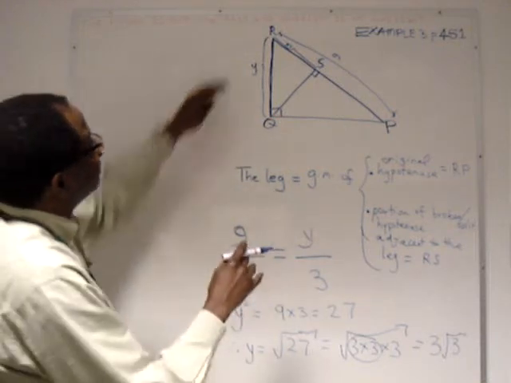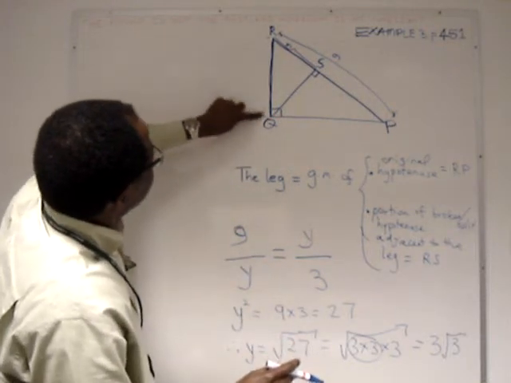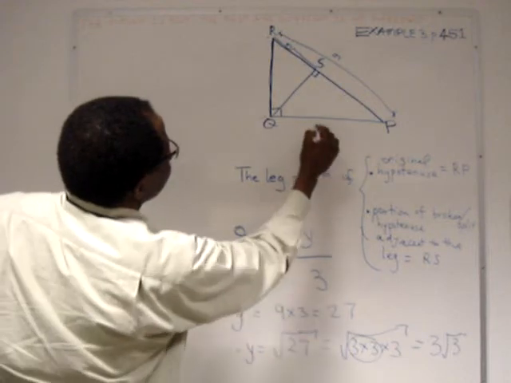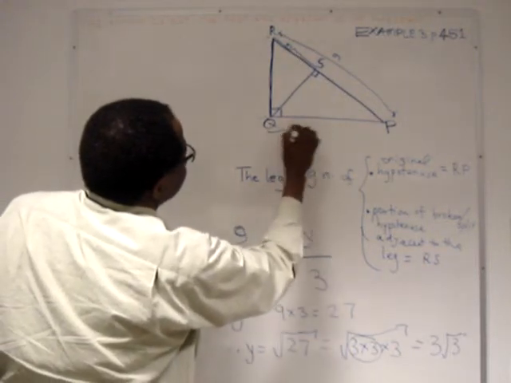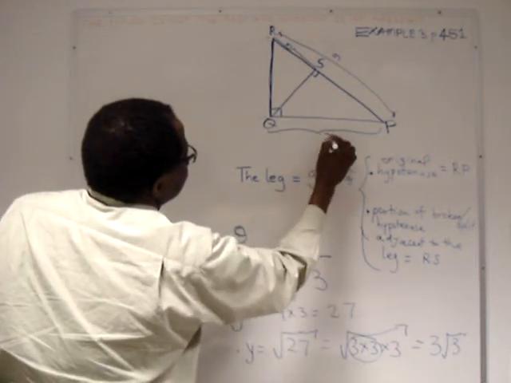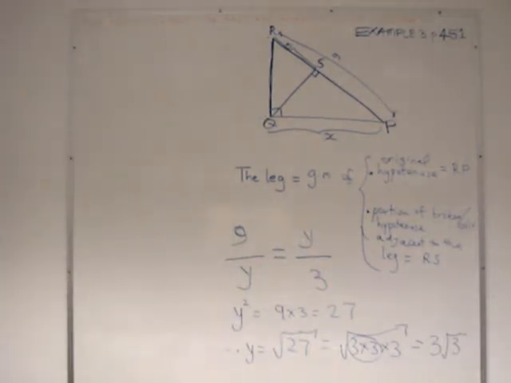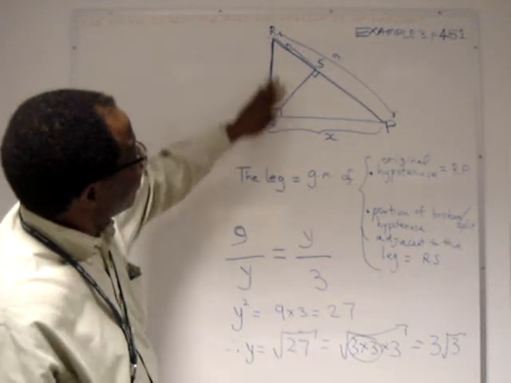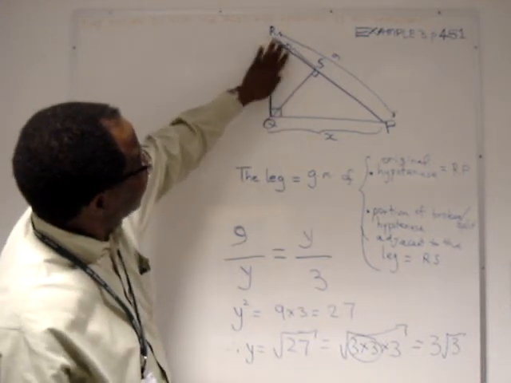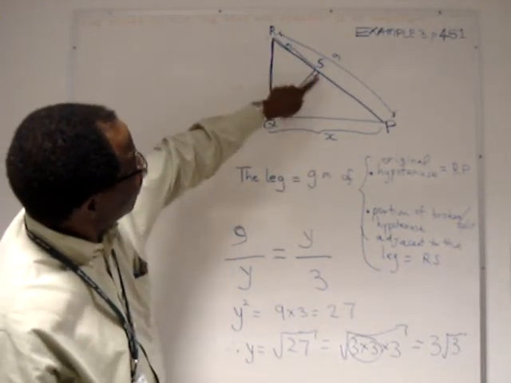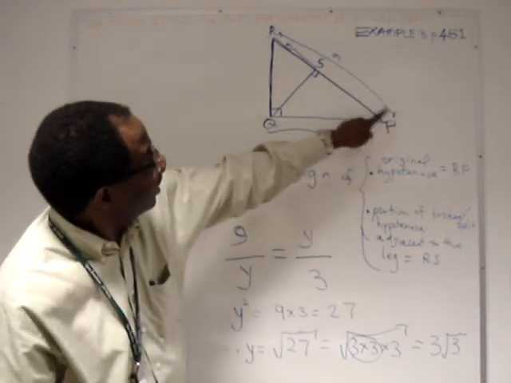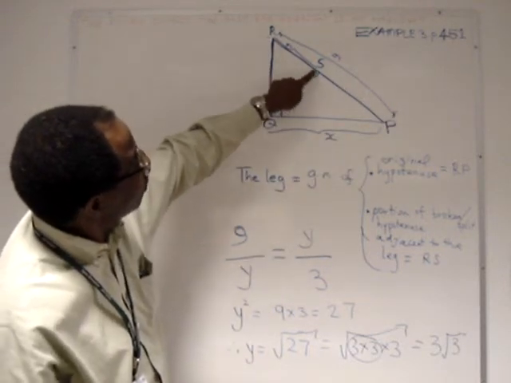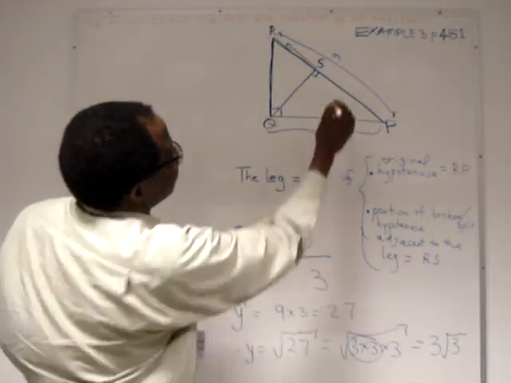What if they had switched it? If they switch that problem and call this x, I want you to find x. It's the same idea, Rachel. I hope you can see that. They may leave it this way, because with this whole thing being 9 and this being 3, you know that SP is 6.